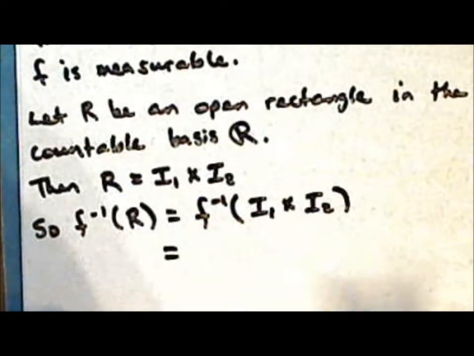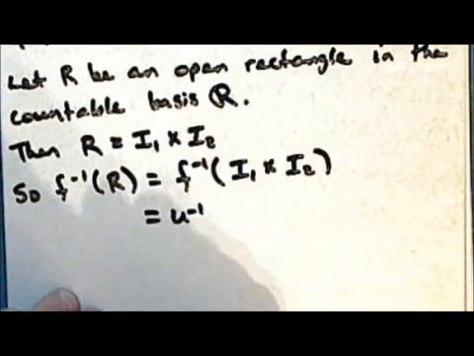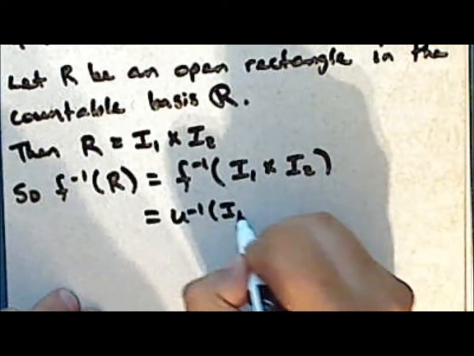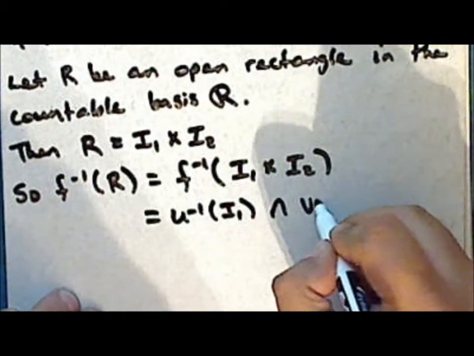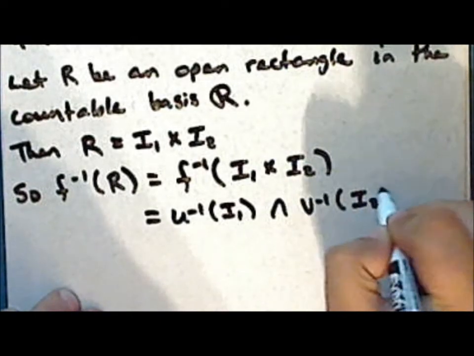This is the same as the intersection of the inverse image under the map U of the interval I sub 1 with the inverse image under the map V of the open interval I sub 2.